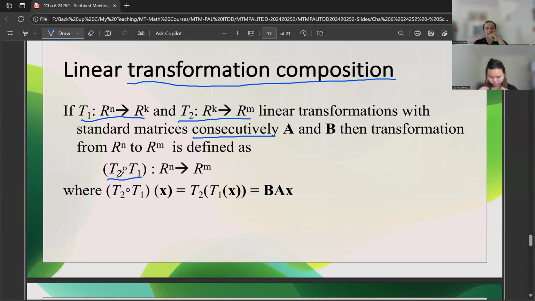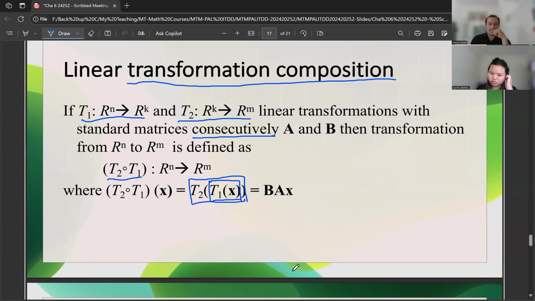If we do the order T2 dot T1, it means that T1 is first, and then we do T2 after that.